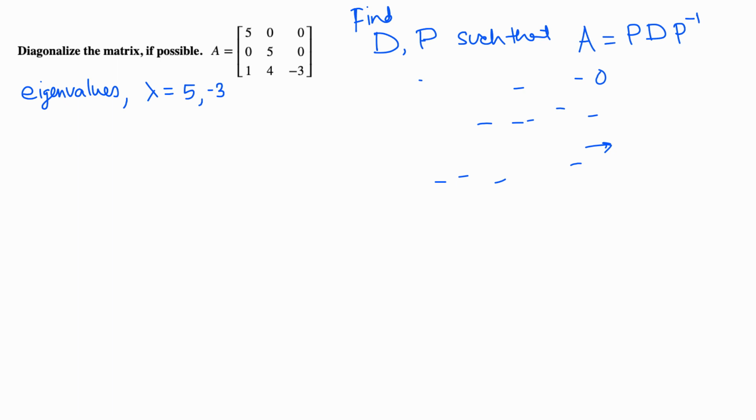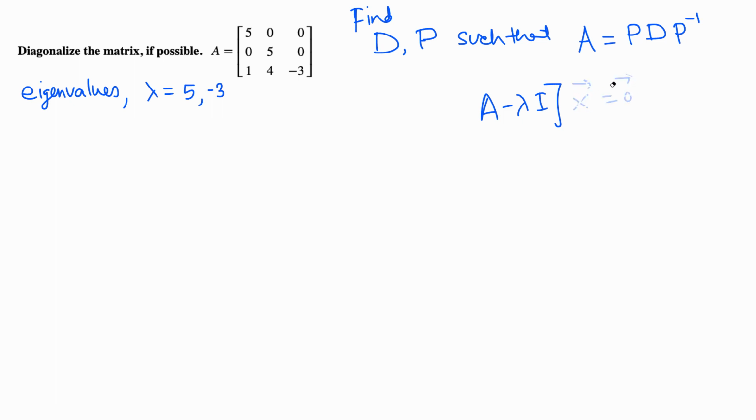So we must find 3 linearly independent eigenvectors. To find them, we solve A minus lambda I times x equals 0 for lambda equals 5 and lambda equals negative 3.